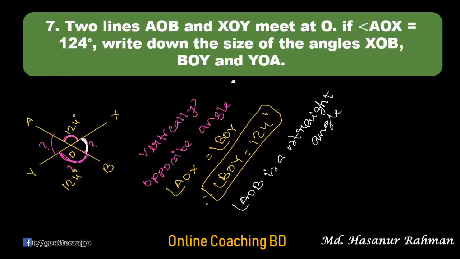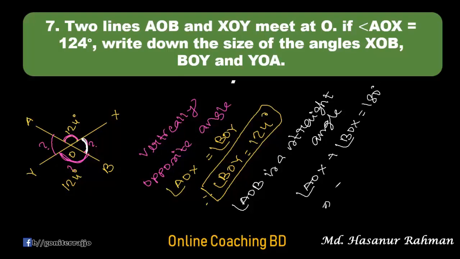That means the summation of AOX and BOX should be 180 degrees because they are supplementary to each other. So angle AOX plus angle BOX equals 180 degrees.